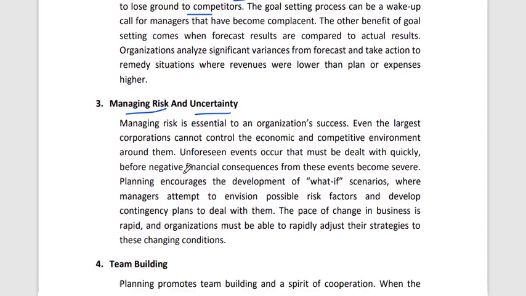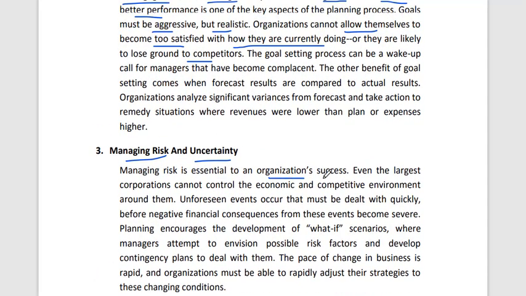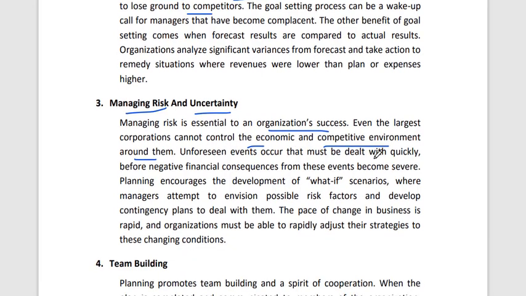Then next is managing risk and uncertainty. Managing risk is essential to any organization's success. Even the largest corporation cannot control the economic and competitive environment around them. So all organizations have to respond quickly to avoid negative financial consequences from such events, like an economic crisis or fiscal crisis.